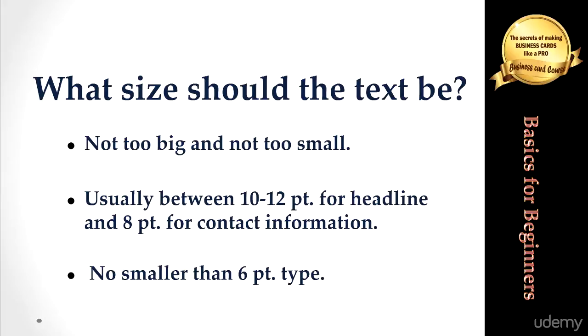Not too big and not too small, usually between 10 and 12 points for the headline and 8 points for contact information, but it's not absolute. The most important thing is that the headline be bigger than the contact information. And don't use type smaller than 6 points.